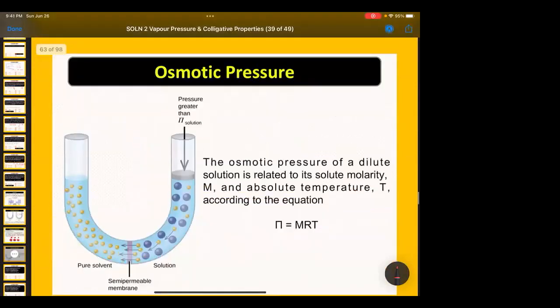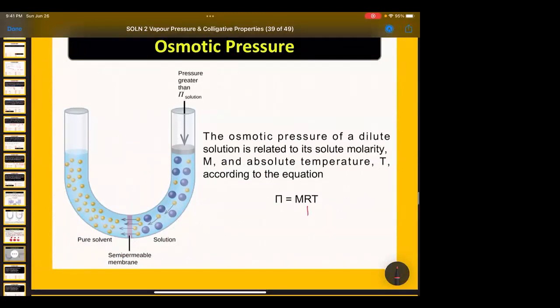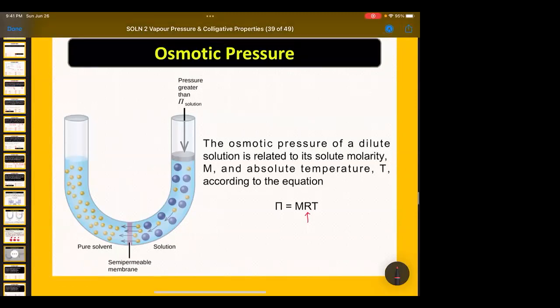And yes, the calculation of osmotic pressure: pi equal to CRT, where C is concentration and R is a gas constant. But what is the value of R which we'll take? Tell me, Mehraj, Samaira, in the calculation, what is the value of R which you are going to take?